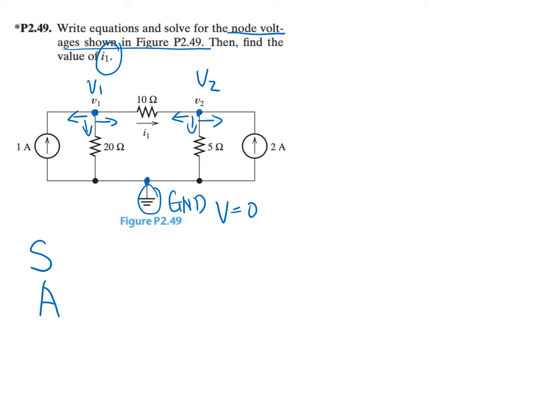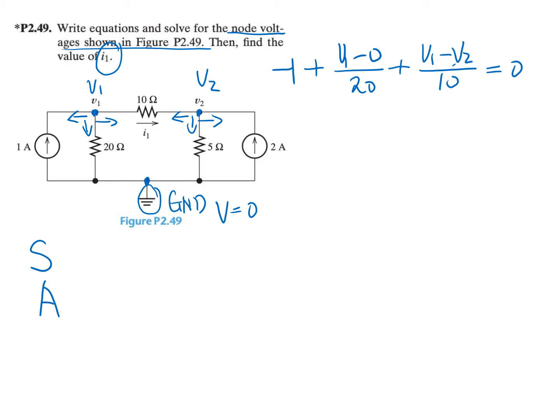We have here the 1 A current entering this V1 node. So we have minus 1 plus V1 minus 0 divided by 20 ohm, that's Ohm's law to calculate the current, and V1 minus V2 over 10, that's equal to 0. So that's our first equation.